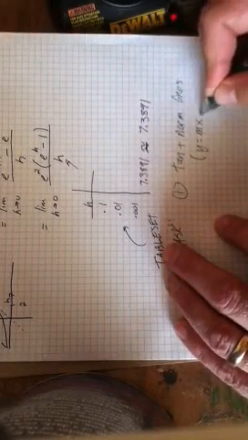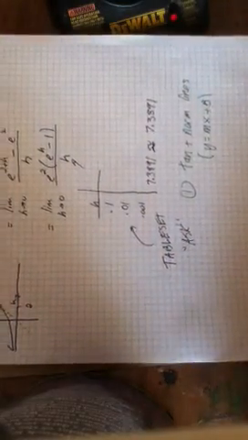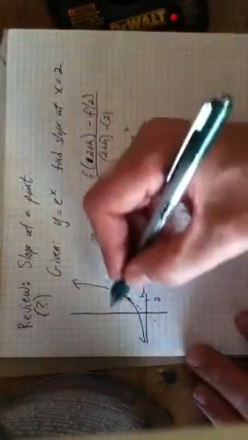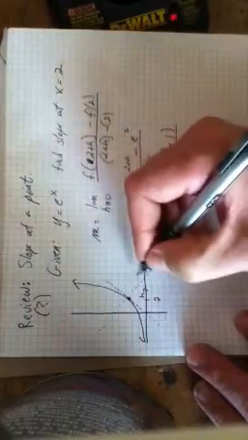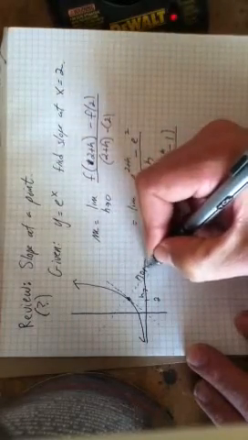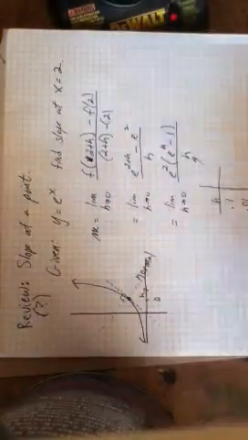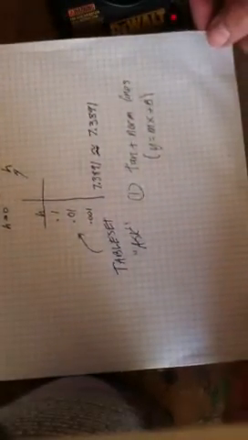You did this on the final pretty effectively. In case you forgot, this is the tangent line. That's the normal line. Normal line is just simply perpendicular. So your answers for those are y equals mx plus b answers.